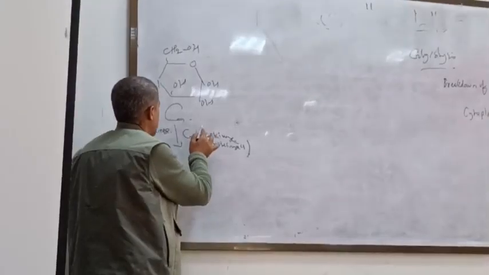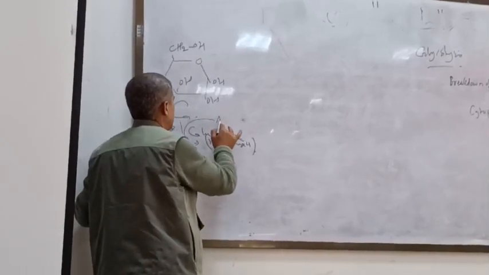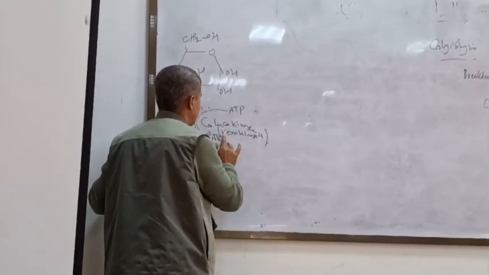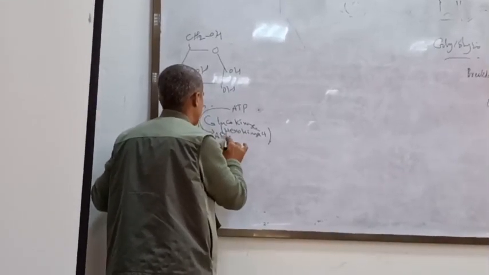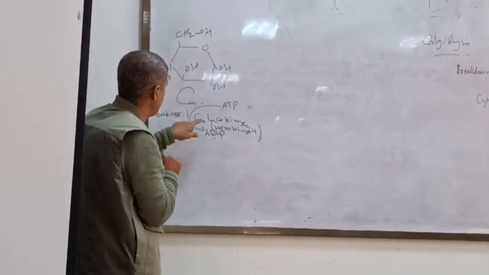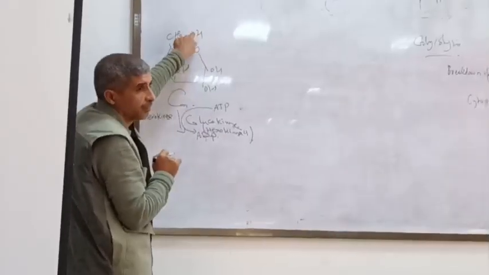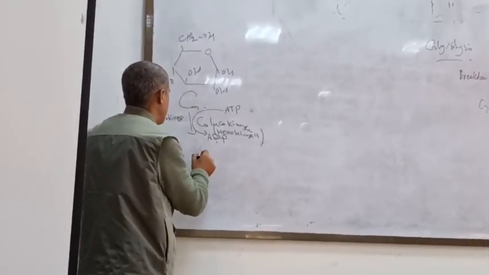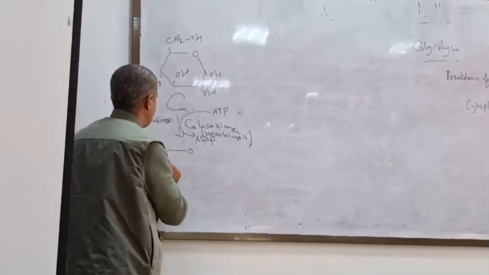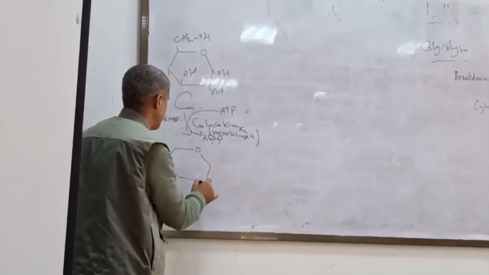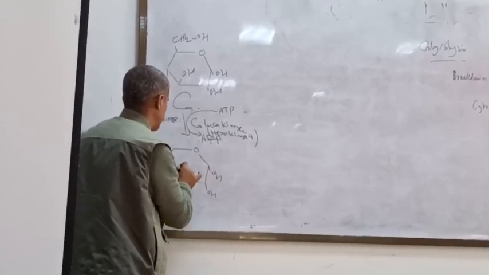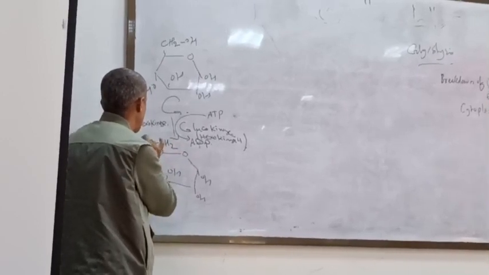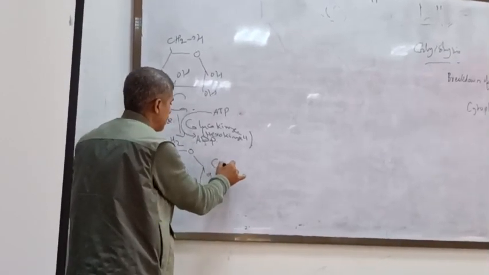The source of the phosphate group is ATP to ADP. One of the phosphate groups transfers to the primary alcohol, giving glucose 6-phosphate.